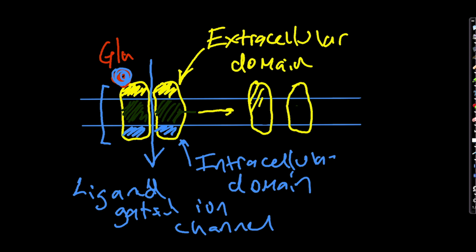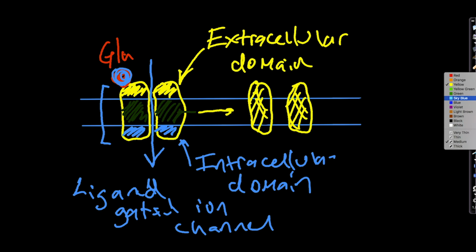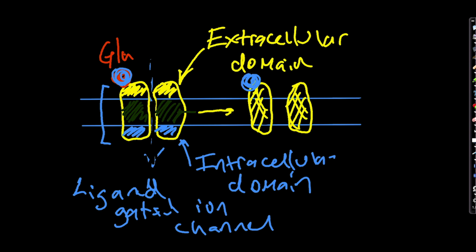So this is an open form of the channel. I'm not doing the colour coding here. I will put glutamate in there so that's clear. So this is closed. So there's nothing flowing here.